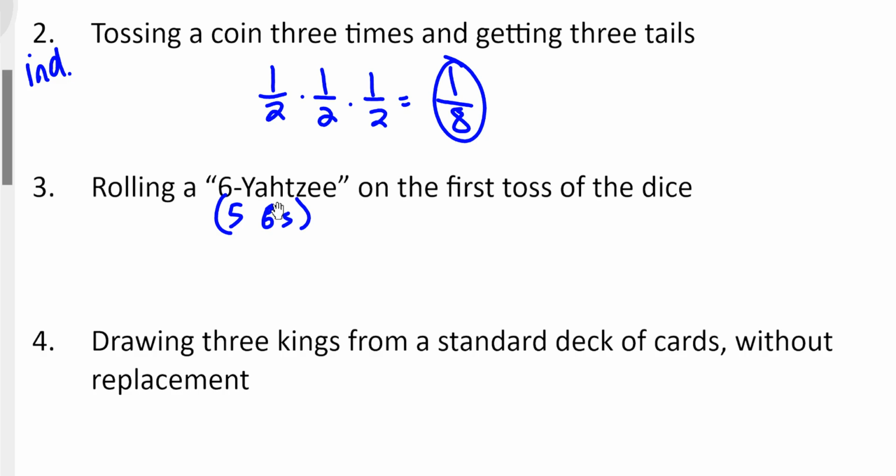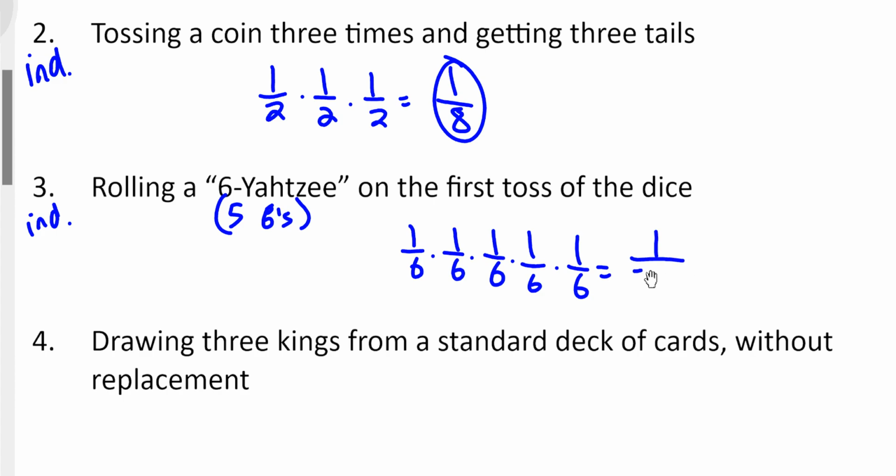Is rolling each 6 dependent on the one before? No. They're 5 different dice, so you have a 1 in 6 chance each time for each die. So you can just multiply them all together. Which is not a very good chance of happening, but it can happen.